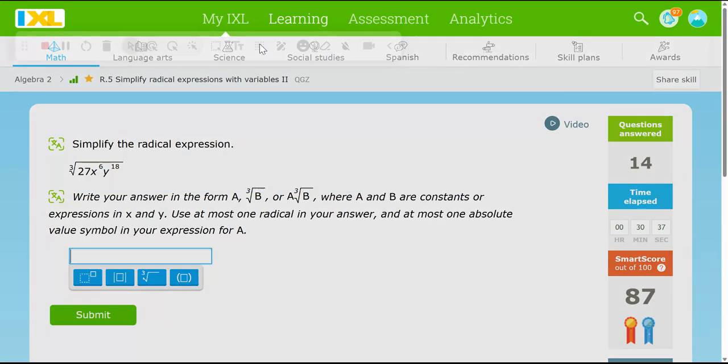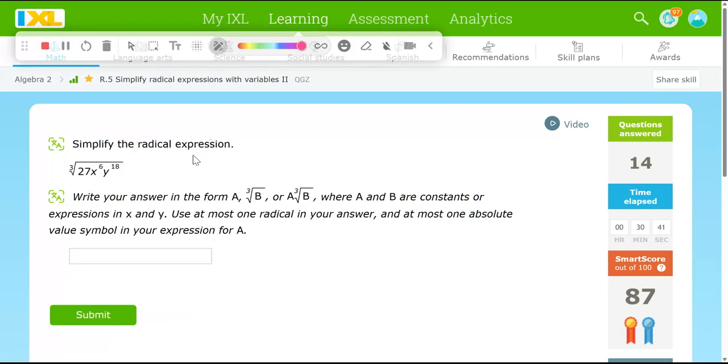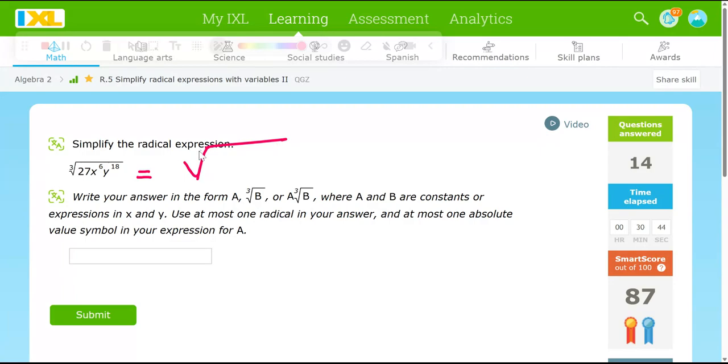Okay, voila. I can do the next level, which is level 7. Not a big deal. So 27, you already know that's a 3 cubed. And then x to the 6, y to the 18. 6 and 18, they're both divisible by 3. So 3 to the 3 divided by 3, x to the 6 divided by 3, and y to the 18 divided by 3.